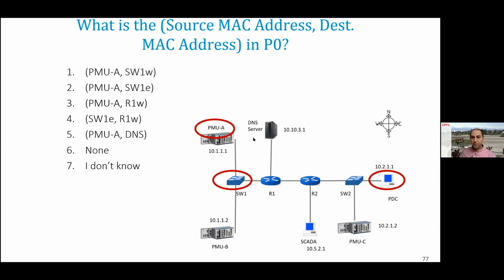Again, to help you, the scope of the MAC layer is the local area network, and the scope of the IP layer is the whole network. And here we talk about the MAC layer. I close the poll.